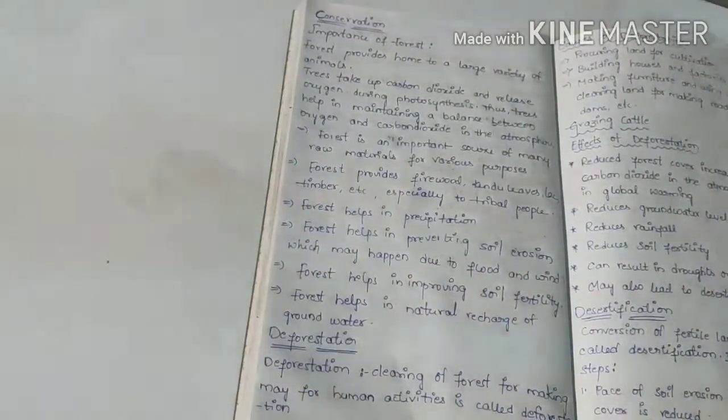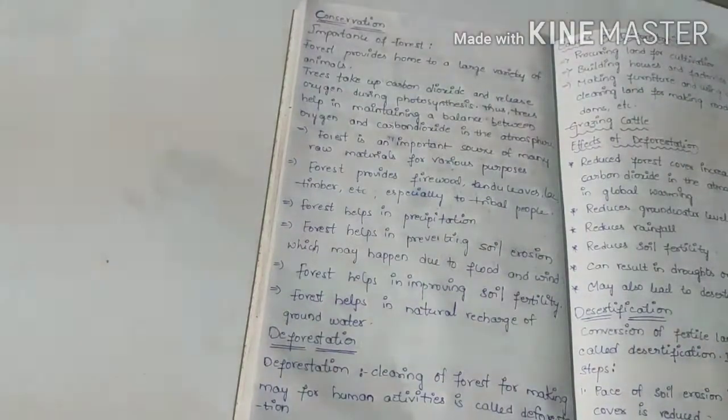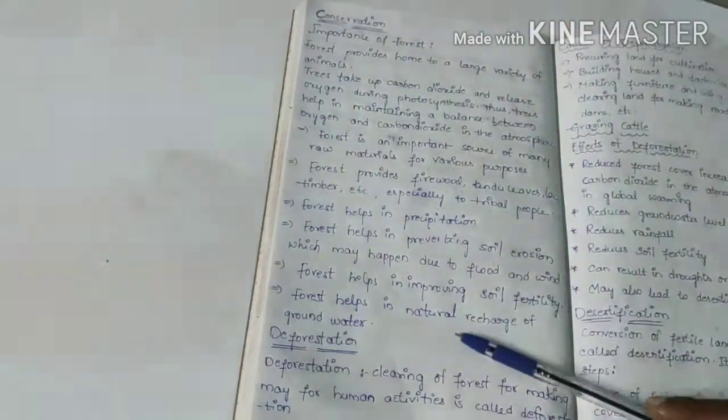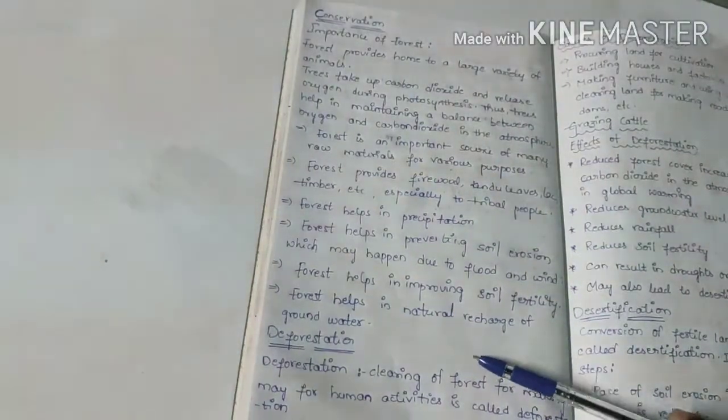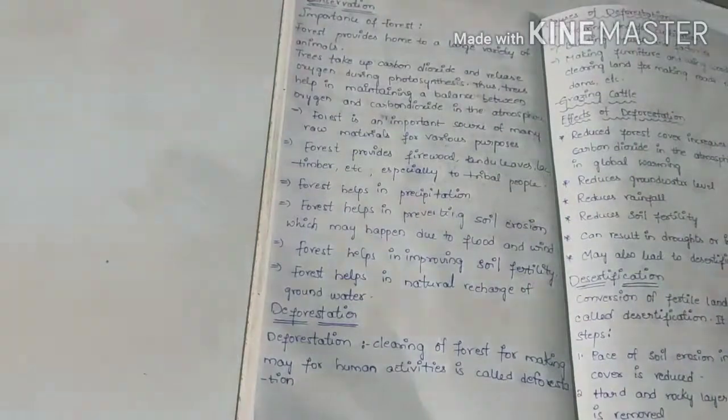When their leaves shed off, they fall on the ground. After some time, the leaves, being biodegradable, are degraded and form humus. That means humus is there, so soil fertility is increased. Forests help in natural recharge of groundwater. So these are the importance of forests.